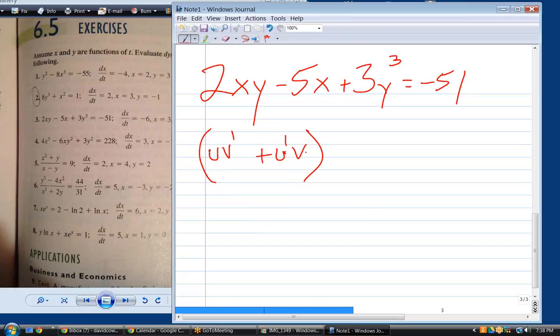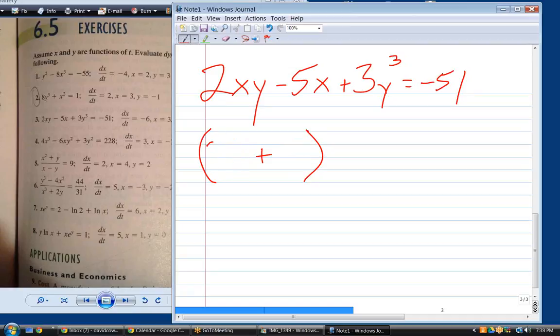In other words, the opposite. Okay. So it's always one thing times the derivative of the other plus the other thing times the derivative of the first. Okay, so let me erase those and tell me what to put in here.